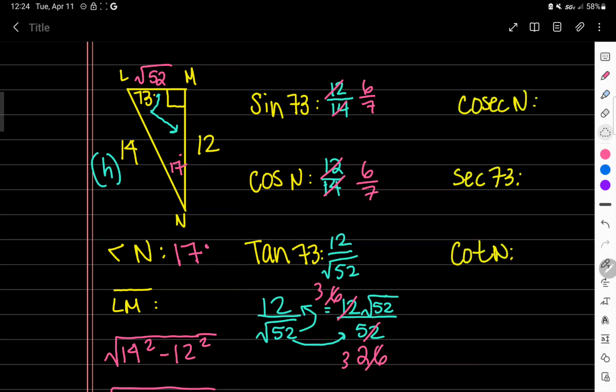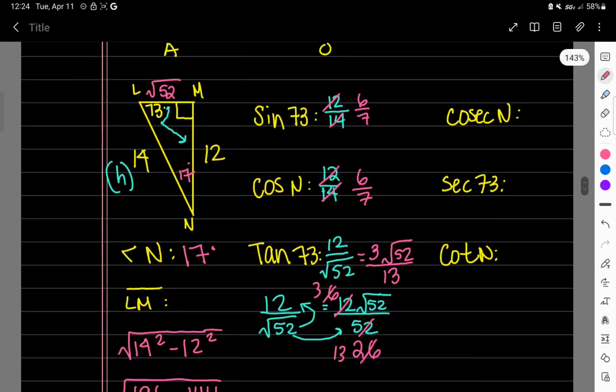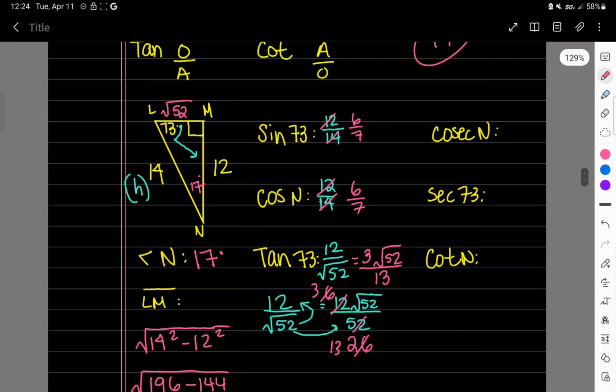So our final answer for tangent would be 3 square root of 52 over 13. After reducing 12 and 52 by 4, technically I reduced it with 2 twice. So that's tangent.